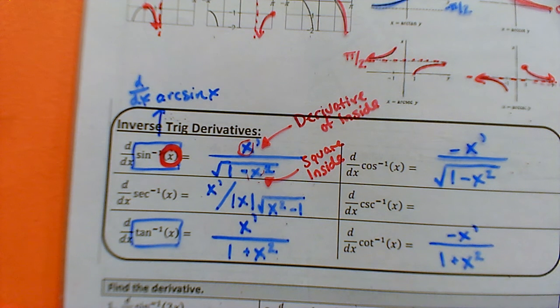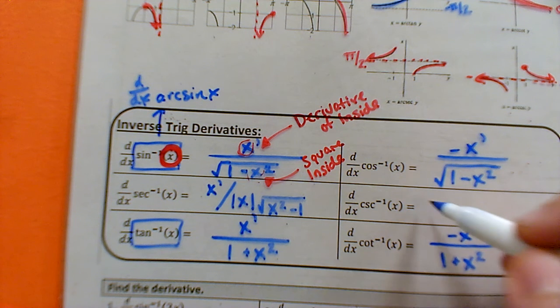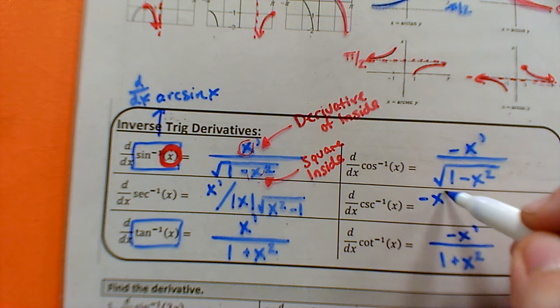Again, these all look very similar. There's just slight differences between the two, or actually all three of them. If you know what inverse secant is, the shortcut, do you know what inverse cosecant is? Same thing but opposite.